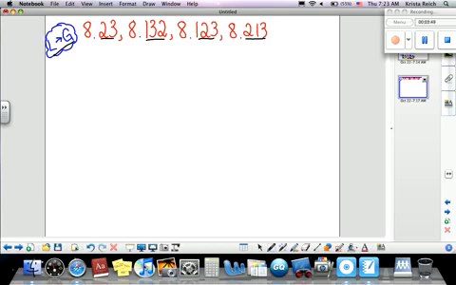So I'm going to go ahead and annex a 0 here, making this 8.230, and I'm adding that 0. And I'm going to leave all the rest of them the same, because I don't need to annex any more zeros.